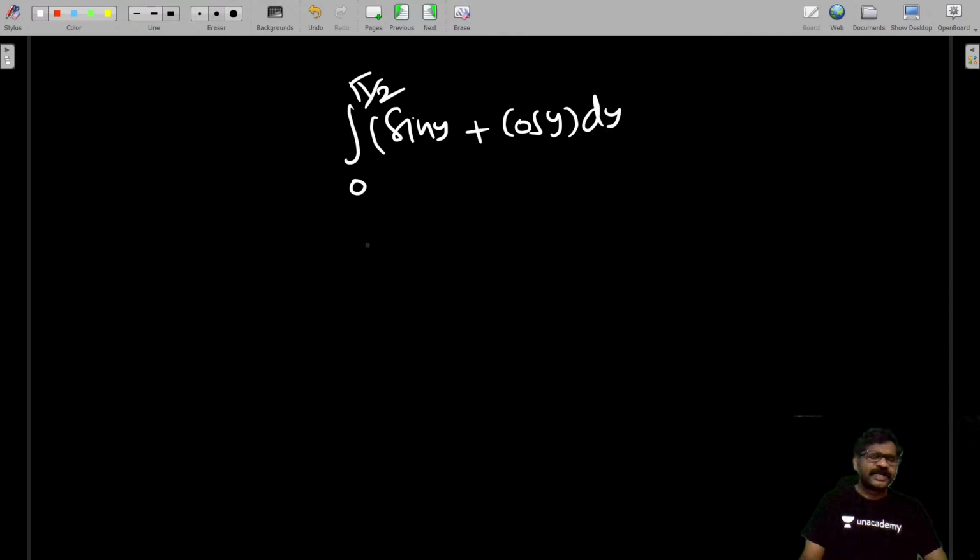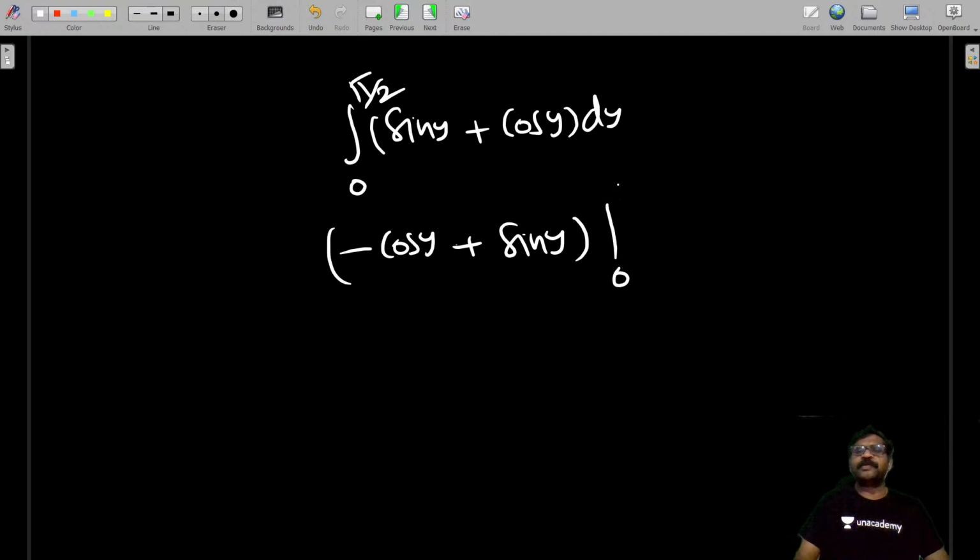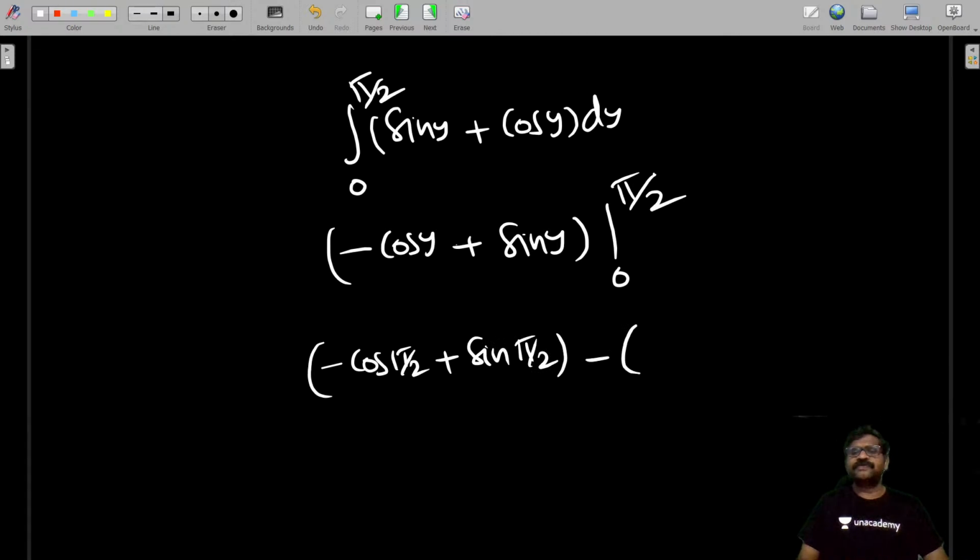Now, integral sin y is minus cos y. Integral cos y is sin y from 0 to pi by 2. Applying upper limit, minus cos pi by 2 plus sin pi by 2, minus of minus cos 0 plus sin 0.